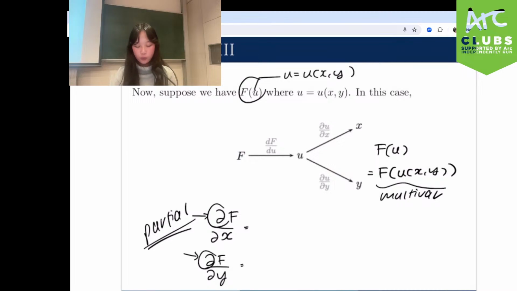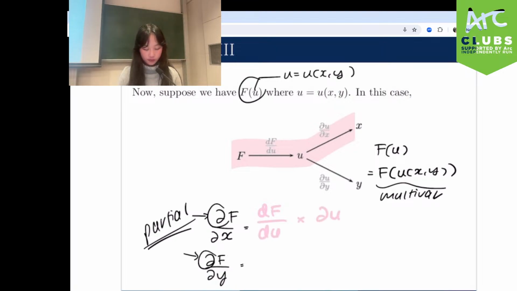Okay? So the first thing that we can do is find as many paths as possible to get from f to x if we want to find the partial derivative with respect to x. We've just got one, nice and simple. So that's df on du multiplied by delta u on delta x. And if we want to find the partial derivative of f with respect to y, we're obviously going to be looking at how to get from f to y. And there's, again, only one way to do that, which is denoted by the blue path.